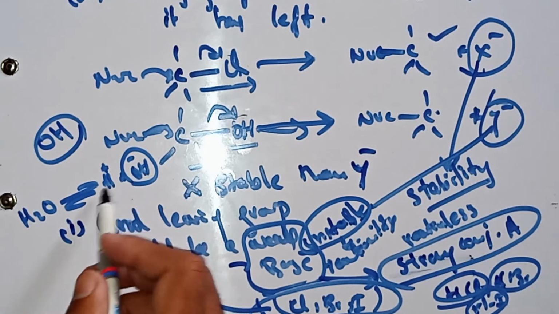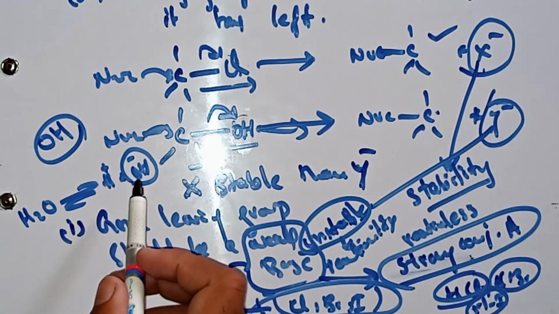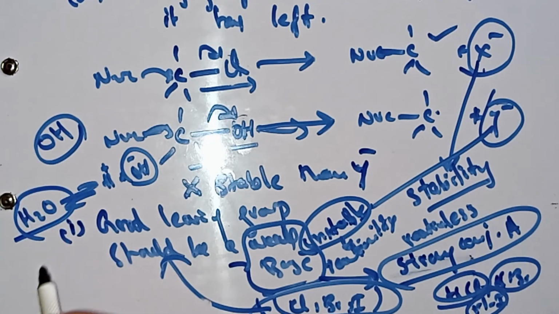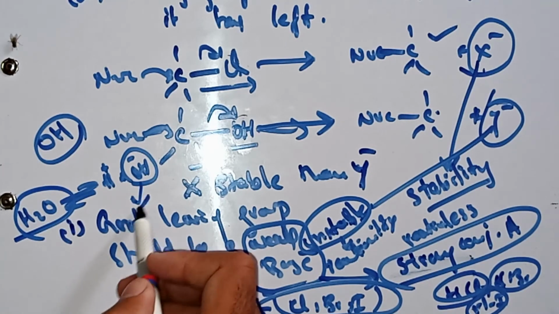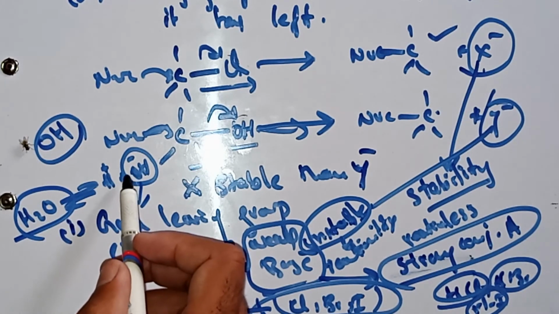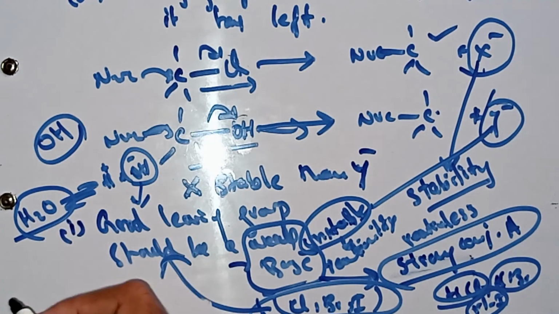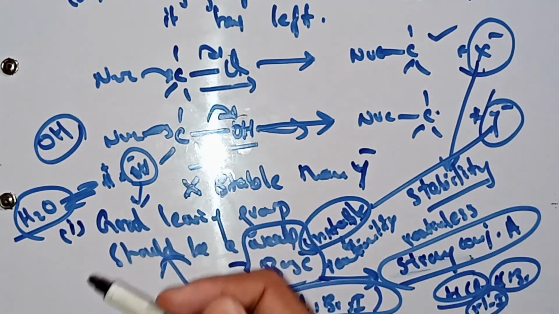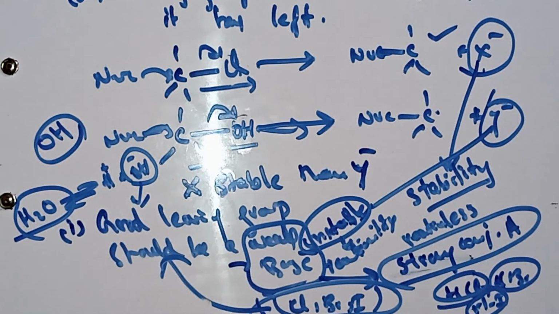The hydroxyl ion becomes protonated very easily, very rapidly, so water is formed again. That's why it shows more basicity. It means that it will donate the electron pair, the lone pair, easily.